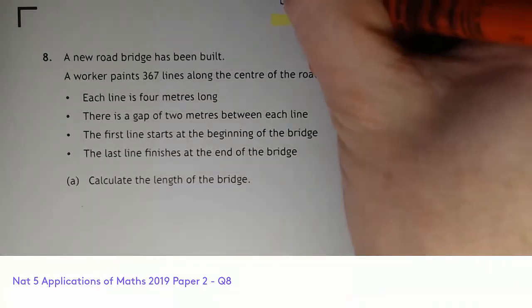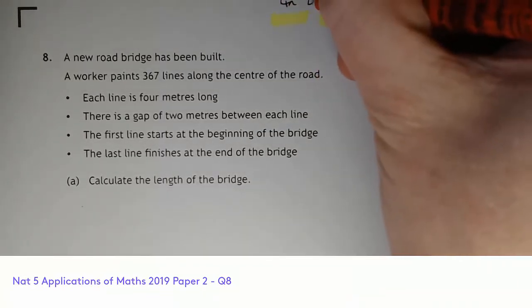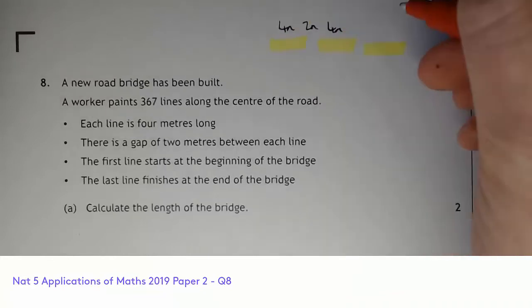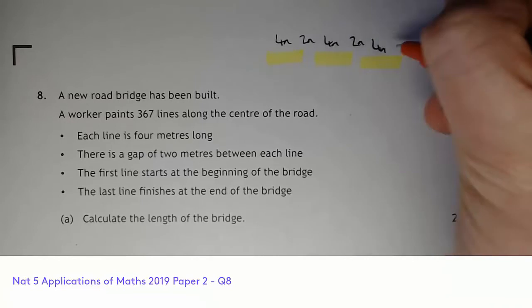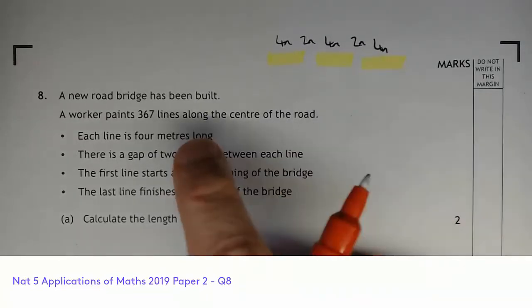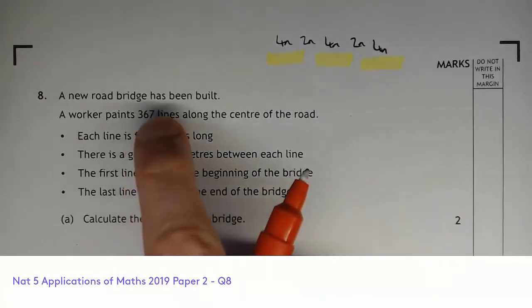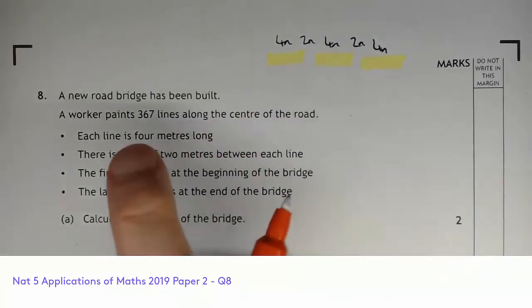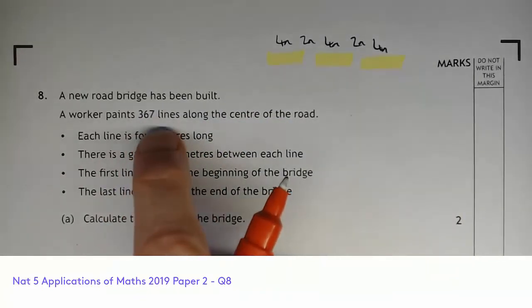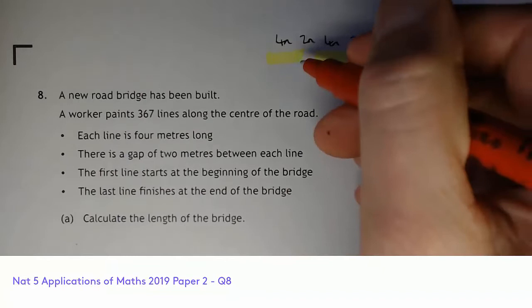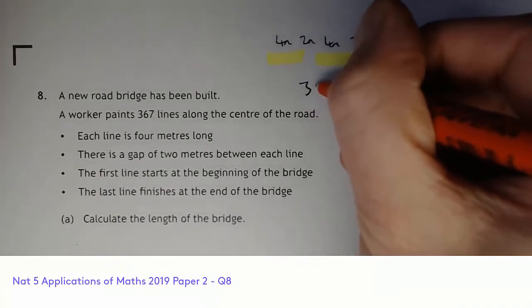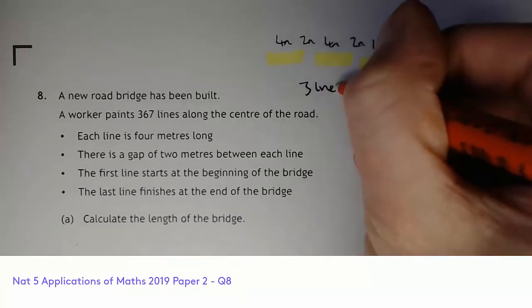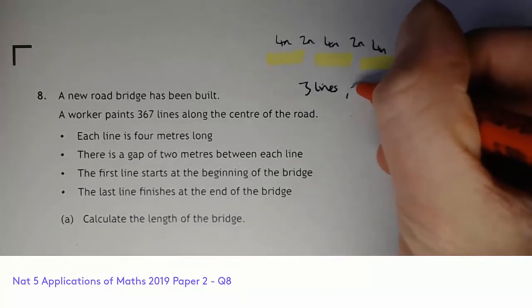So there'll be a 4 metre line, then a 2 metre gap, then a 4 metre line, then a 2 metre gap, then 4 metre. So we essentially have to work out the total length of lines and also the total length of gaps. To work out the gaps, if we've got 3 lines, that gives you 2 gaps.